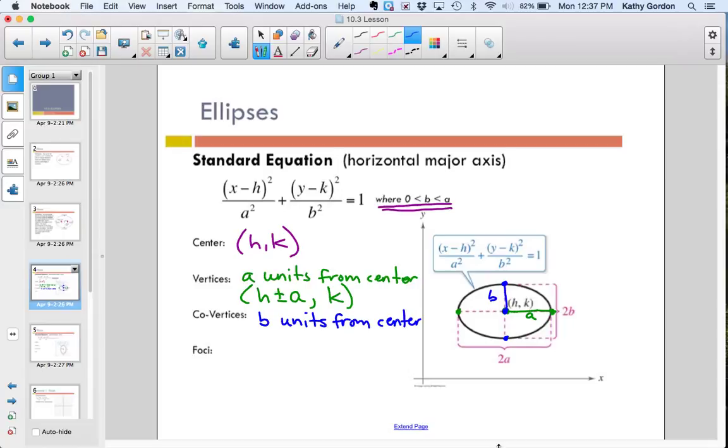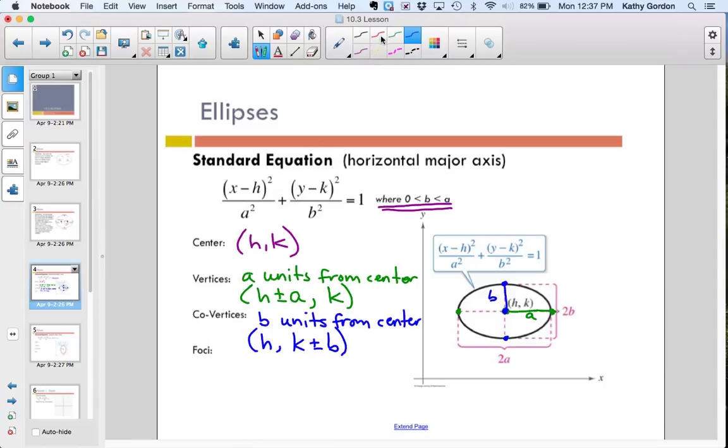The y value, right? The k. So this time the h stays the same, and my b will get added or subtracted to the k value. So adding b is going to put me up there to the top co-vertex. Subtracting b will put me down there to the bottom co-vertex.